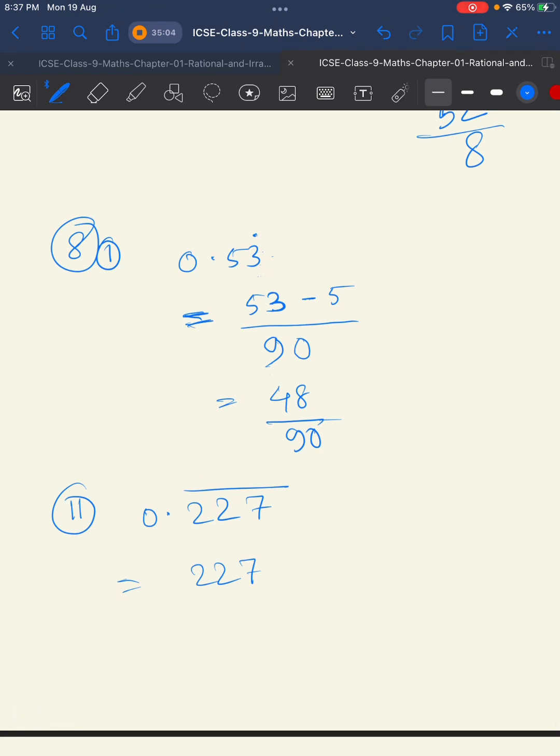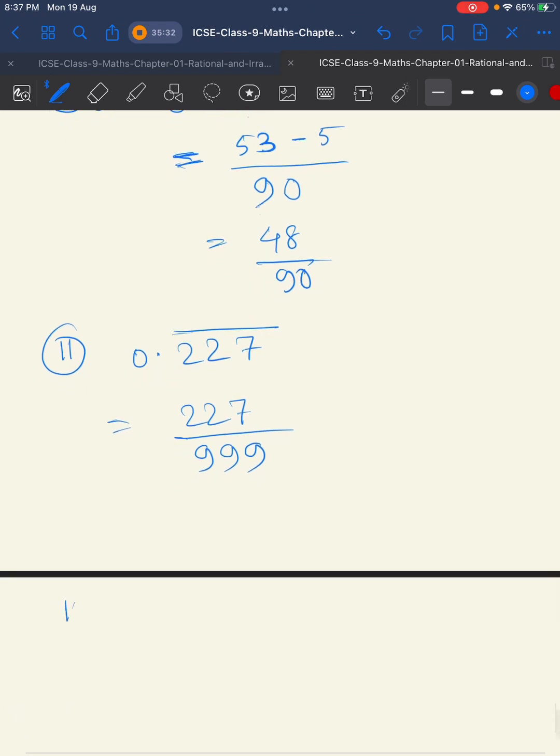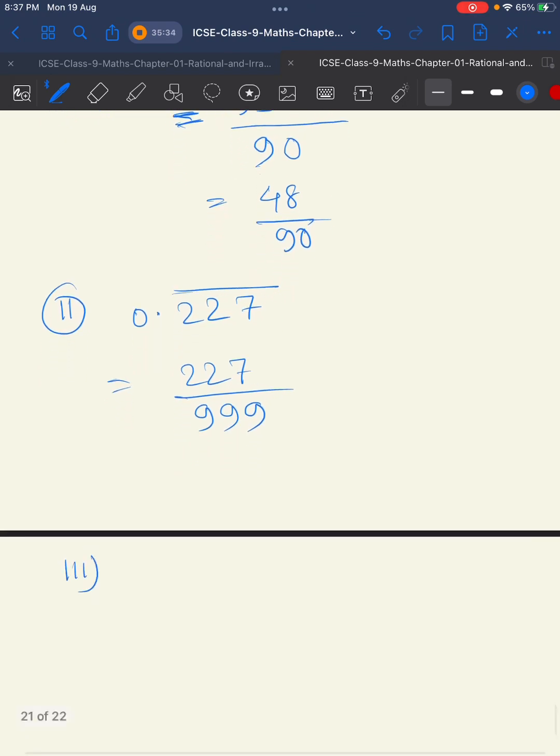So in the numerator we have 227, and for the denominator, after the decimal each digit has a bar. So for the bar we write 999 in the denominator.